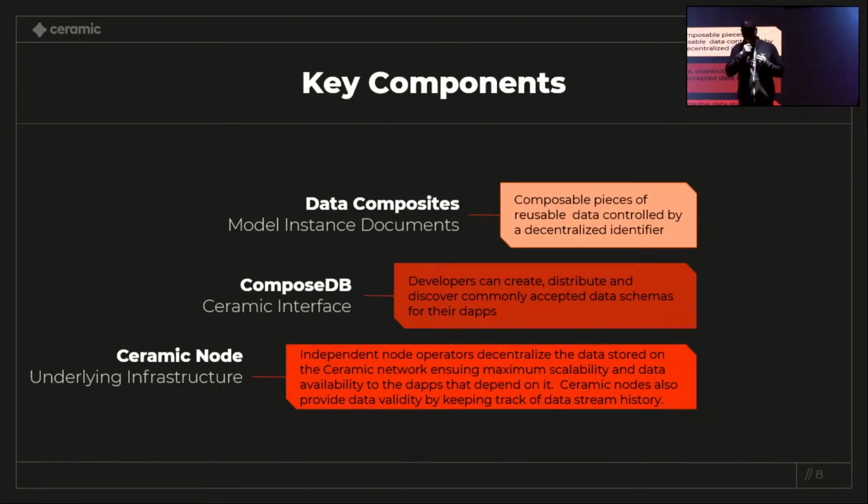From an infrastructure point of view, Ceramic isn't just an application's data. It is a completely distributed database layer where independent node operators are responsible for letting this data exist in more than one location. Because of these nodes, with Ceramic, we can scale horizontally really easily.